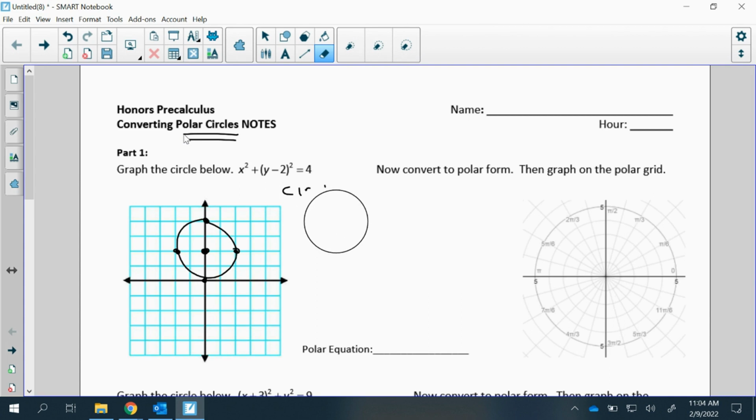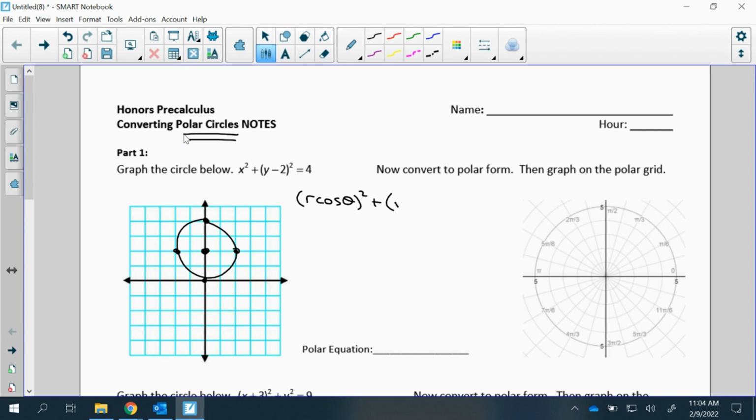So remember, the formula is x squared plus y squared equals r squared. And if we have some sort of shifting of the center, then we will move the center a little bit. Now, in order to convert it to polar, what we want to do is replace x with r cosine theta and y with r sine theta.